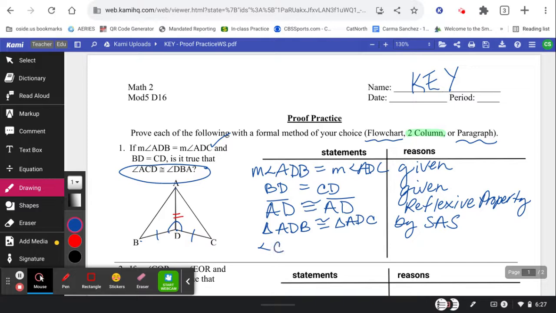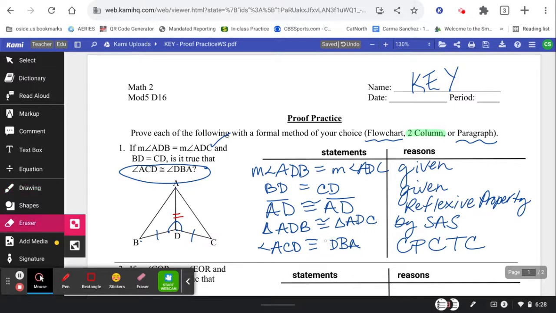Angle ACD is congruent to angle DBA. And corresponding parts of congruent triangles are congruent. CPCTC is our reason that all parts are equal once we've proven that the triangles are congruent.